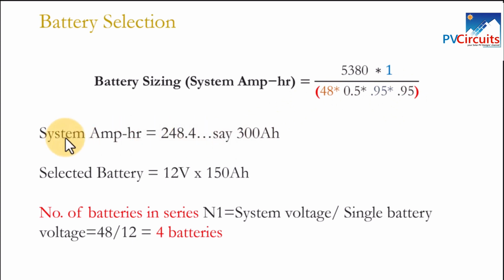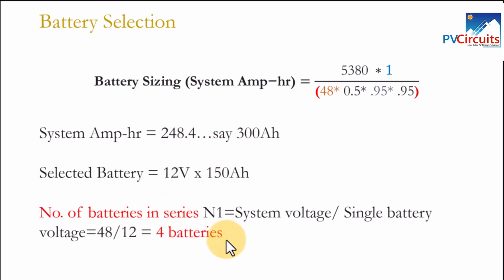So the system ampere hours is 248.4, which we say is about 300. Then in order to get a whole number from here, we select this battery here at 12 volt by 150 ampere hours. So to know the number of batteries that we are going to have in series, it is the system voltage divided by the voltage of the battery.